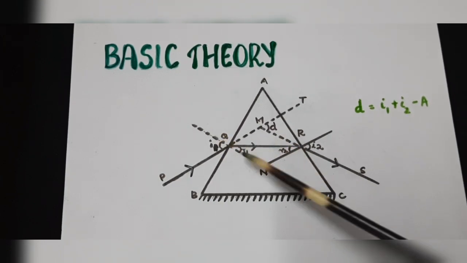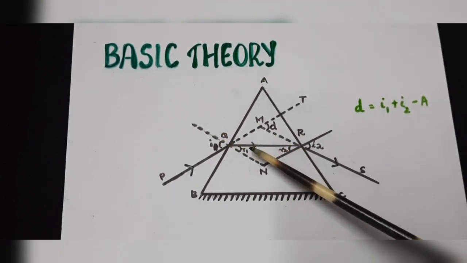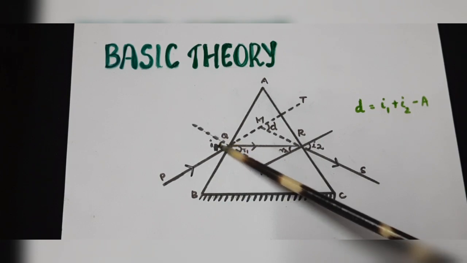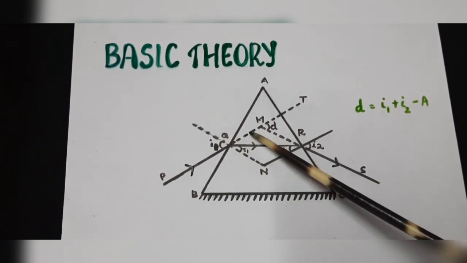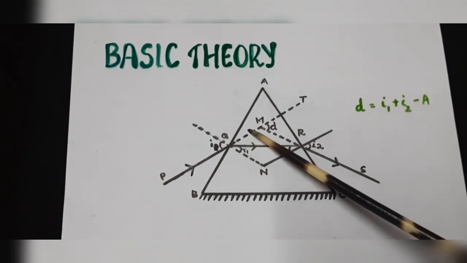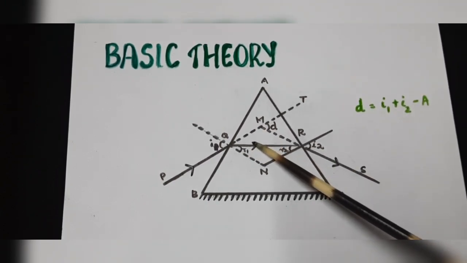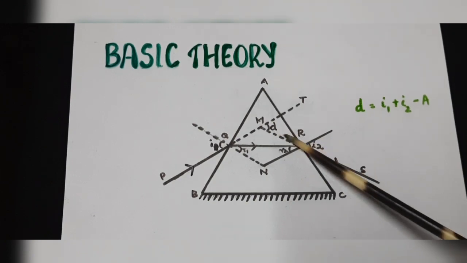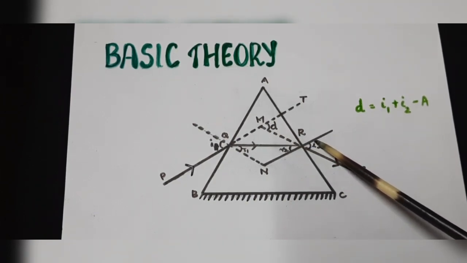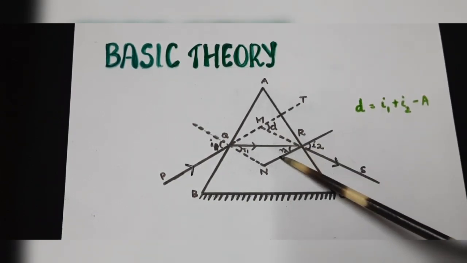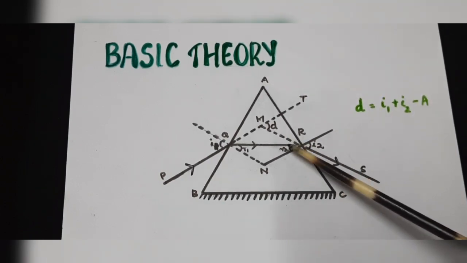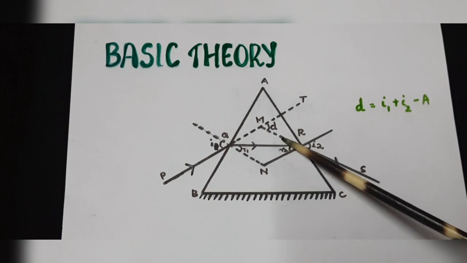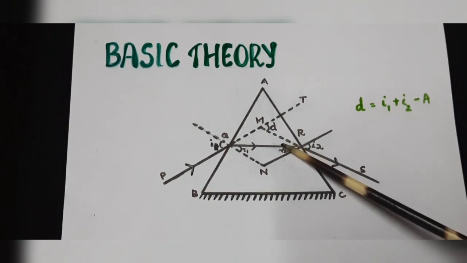Now, from the fact that these are two straight lines and this is I1, then this should also be I1, so this angle is I1 minus R1. Similarly, with two straight lines, if I call this I2, then this will also be I2, so this is I2 minus R2.